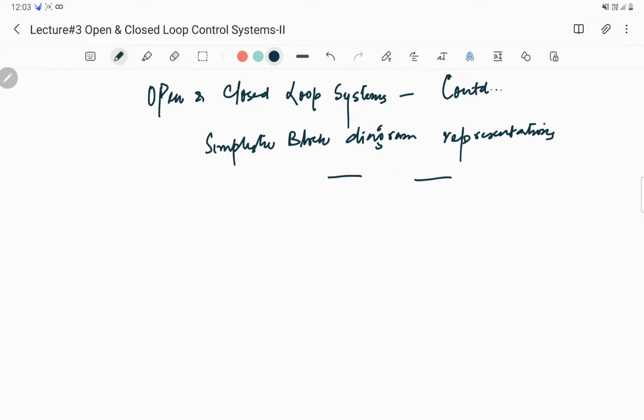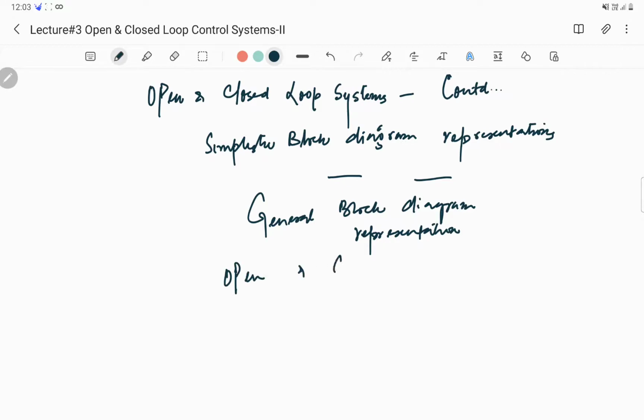So in today's lecture, we'll discuss the general block diagram representation of both open and closed loop control systems, with examples, of course.